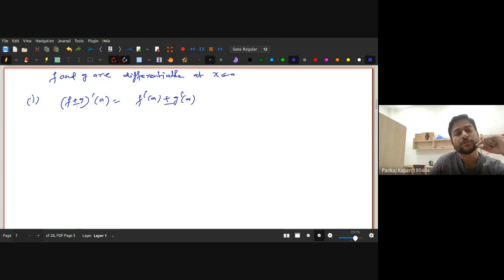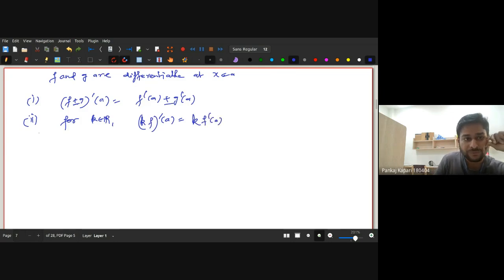Even if you take the minus sign, the derivative of f minus g is also the difference of the derivatives. The second property is if you have some real number k in R, and you want to differentiate k times f at a, then this is just k times the derivative.